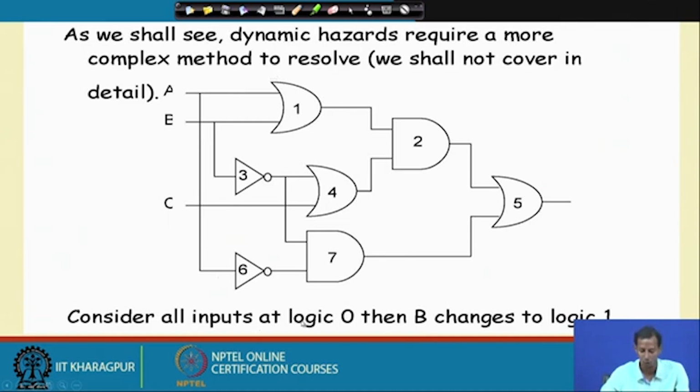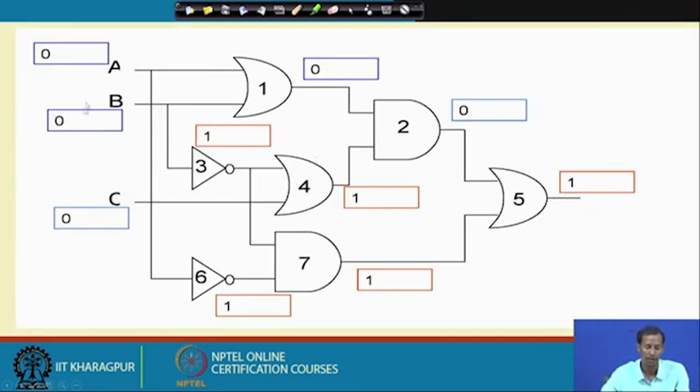So, consider all inputs at logic 0, then B changes to logic 1. Initially A, B, C are all 0, and then B changes to logic 1. What will happen? Initially all of these are 0, so the OR is 0, so this is 1, this is 1.